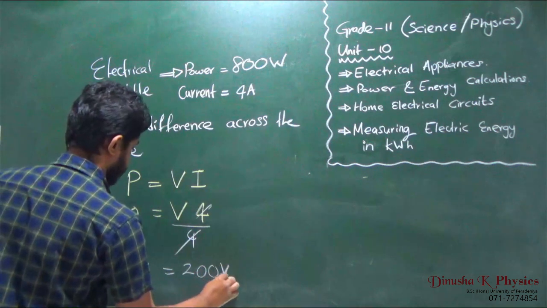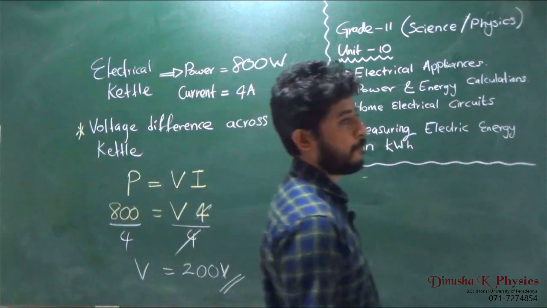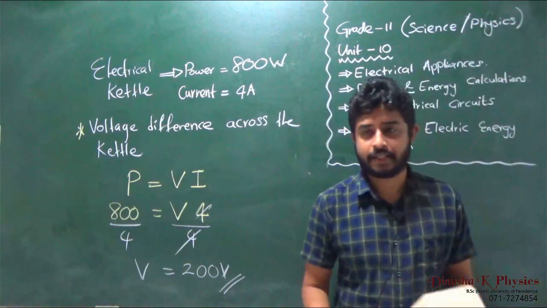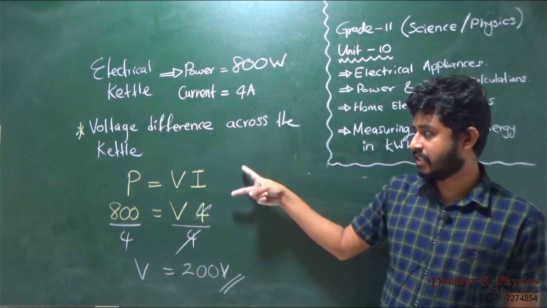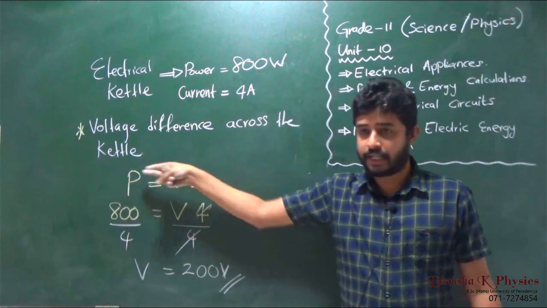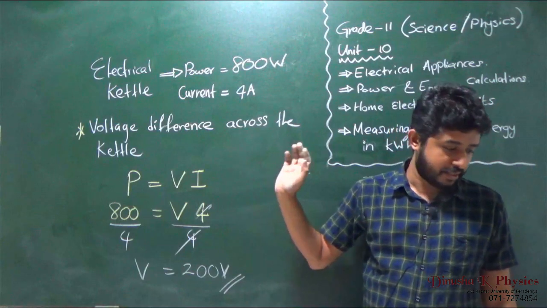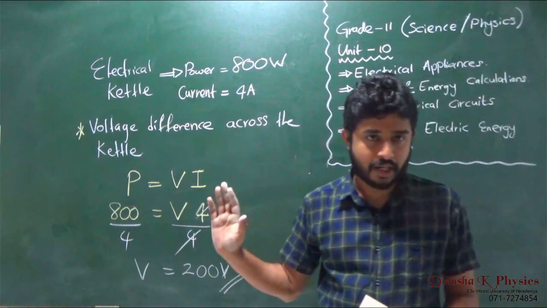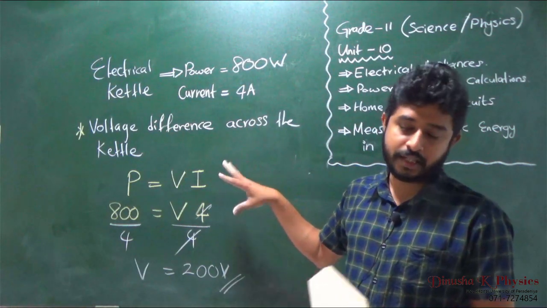So your answer will be 200 volts. Very simple. So I'm giving you an idea about the calculations regarding this equation. I hope you have all understood this up to here.